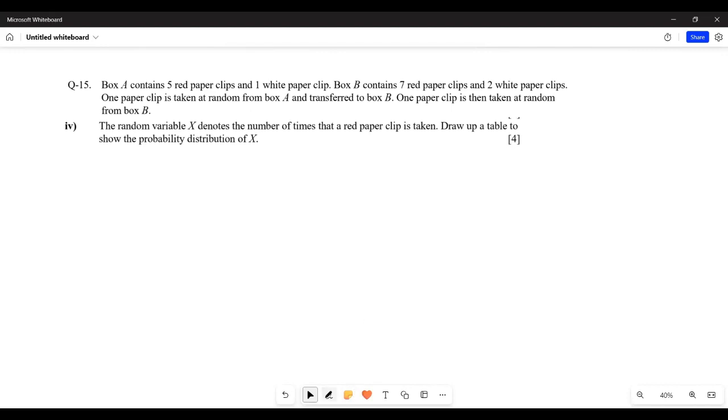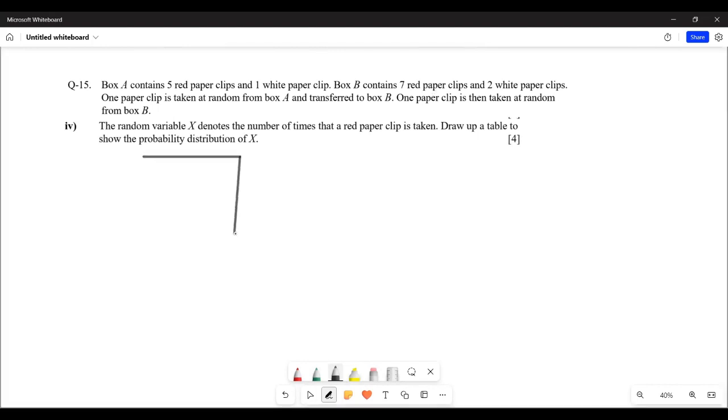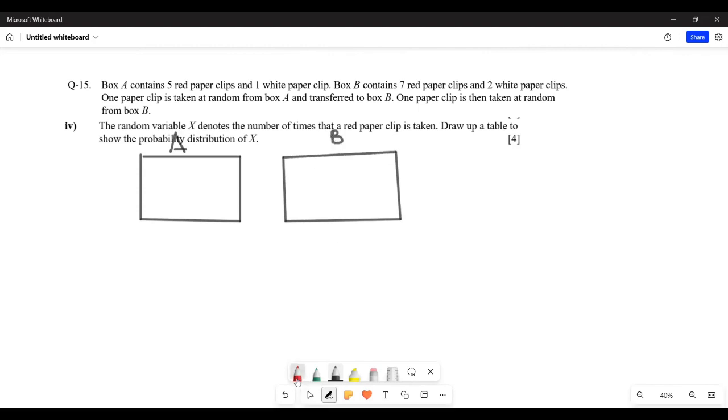अब क्या कह रहे हैं कि box A contains 5 red clips and 1 white clip. Box B contains 7 red clips and 2 white clips. Let me draw that. Box A, box B, five red, one white.